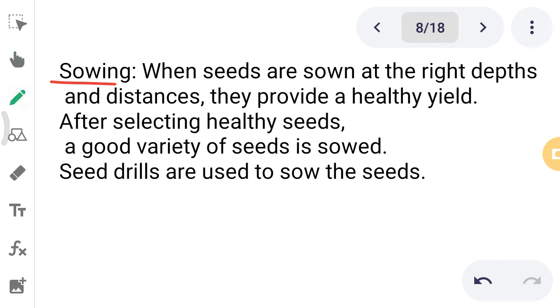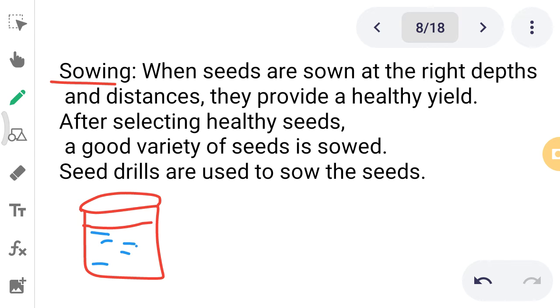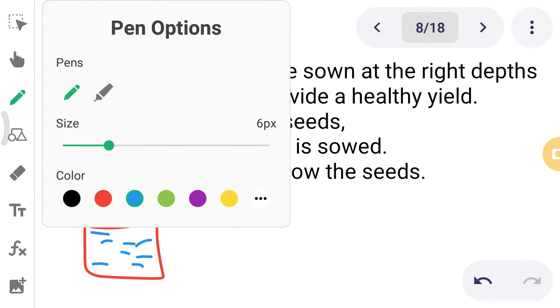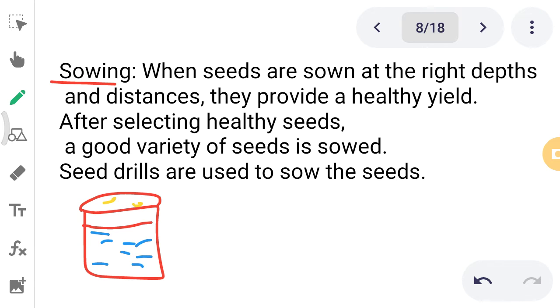So what do farmers do in order to select healthy seeds? They take seeds in a big drum, fill it with water, right? They fill it with water and they put some seeds over this.